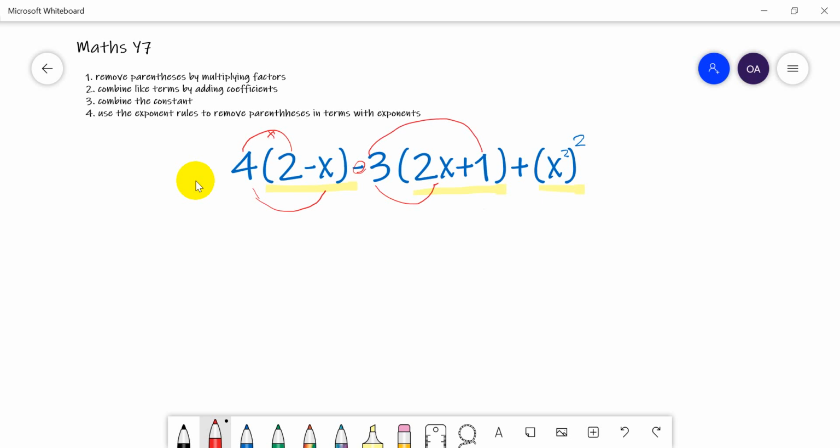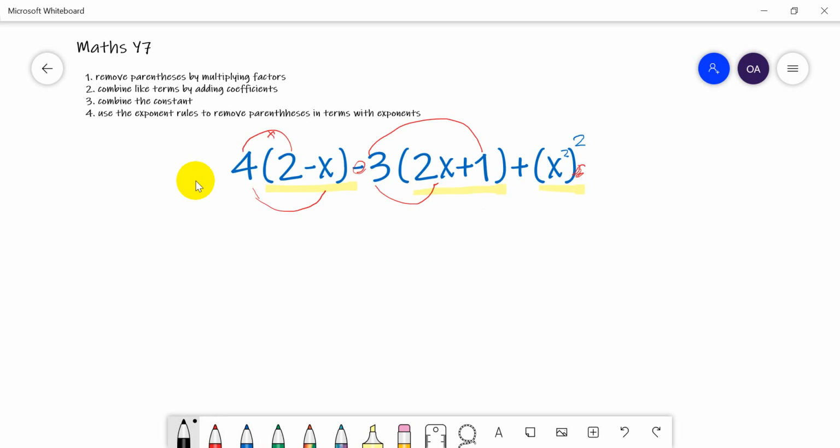For the last parenthesis, we can use the exponent rules to remove it. So in this expression, we can use the distributive property to get rid of the first two sets of parentheses.